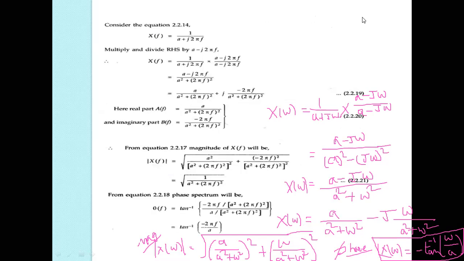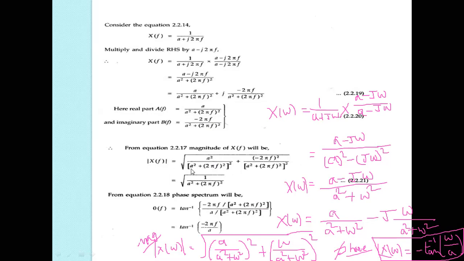Let us see the same thing here. X of f is equal to 1 by a plus j omega. I take j omega as the angular frequency. After finding the real part, a by a square plus omega square, this same thing, a by a square plus omega square is the real part. The imaginary part is minus omega by a square plus omega square, where omega is nothing but 2 pi f.